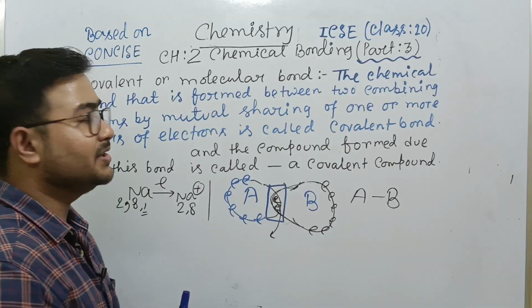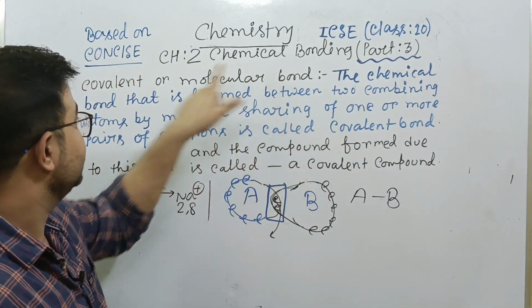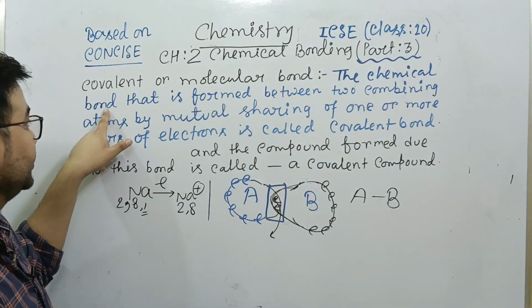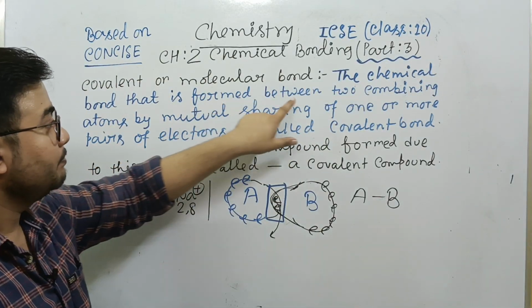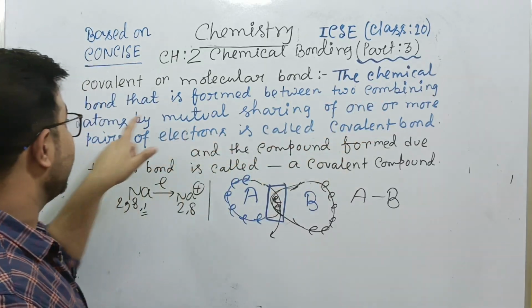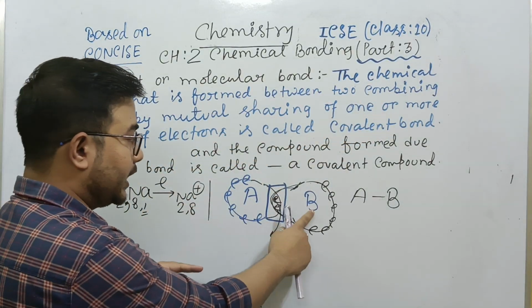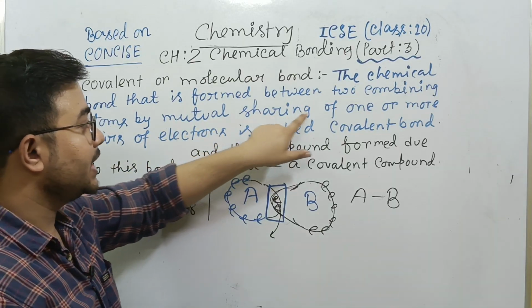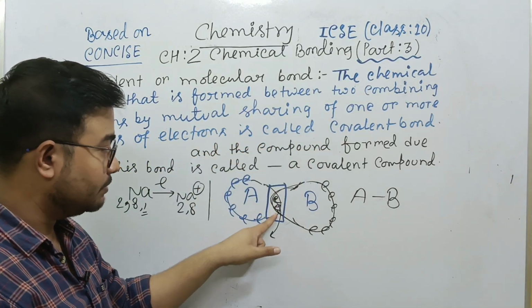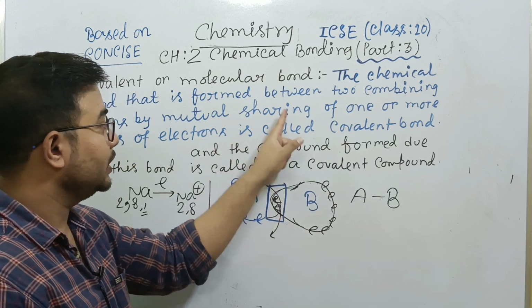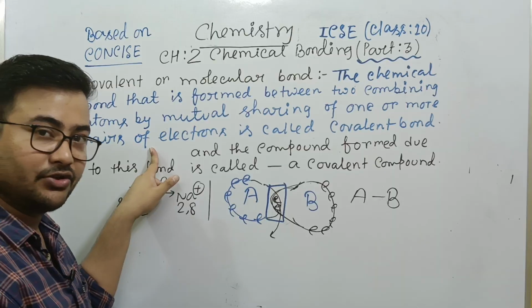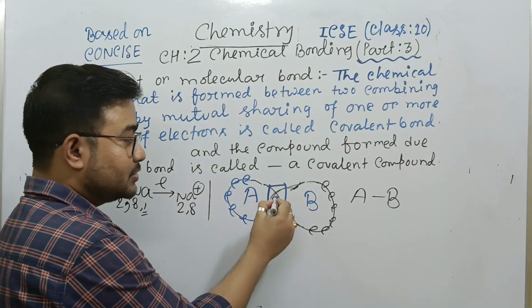Now read this definition, look at the board. What is the covalent or molecular bond? The chemical bond that is formed between two combining atoms, by mutual sharing of one or more pairs of electrons. Here, how many pairs?